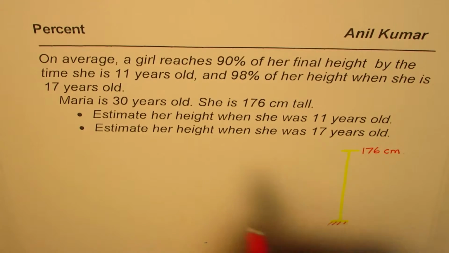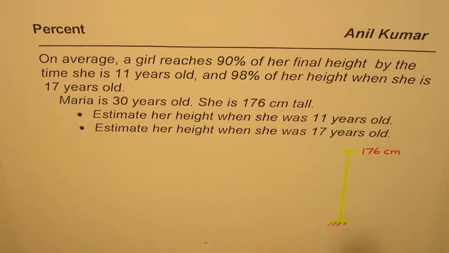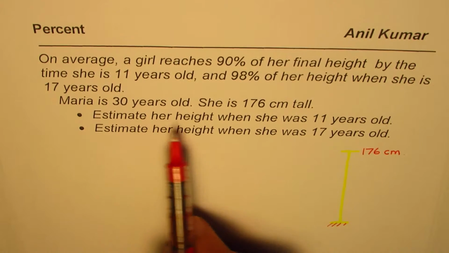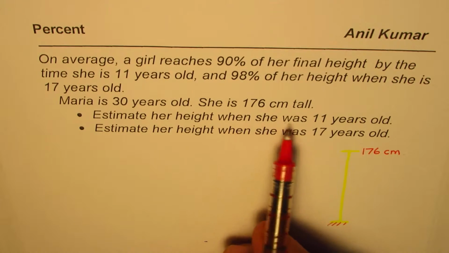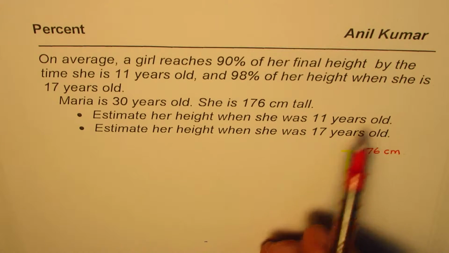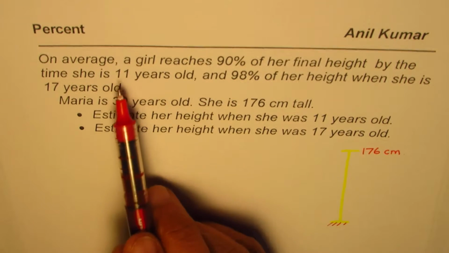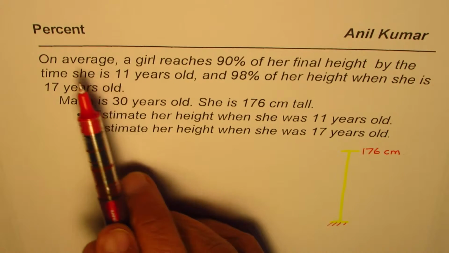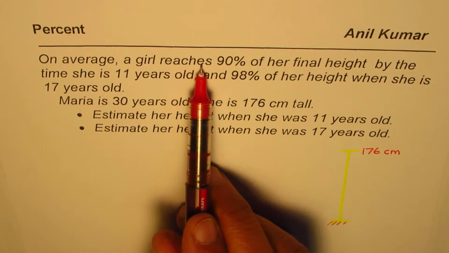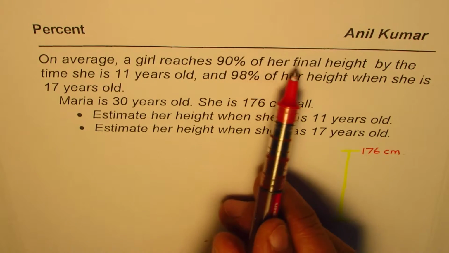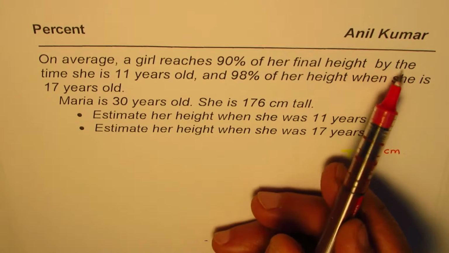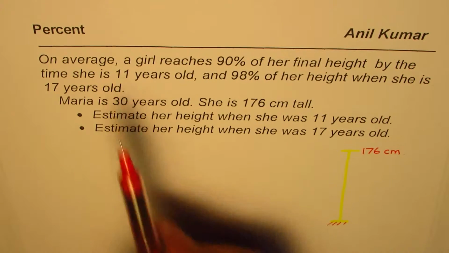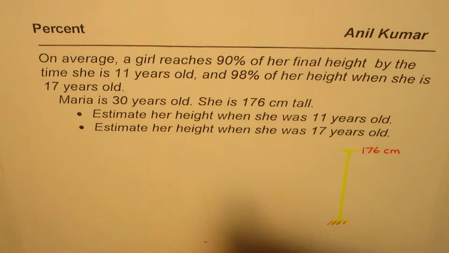This is the final height at 30 years. Now the question is, estimate her height when she was 11 years old. Now it is known that on average a girl reaches 90% of her final height by the time she is 11 years old. So we'll use this information.